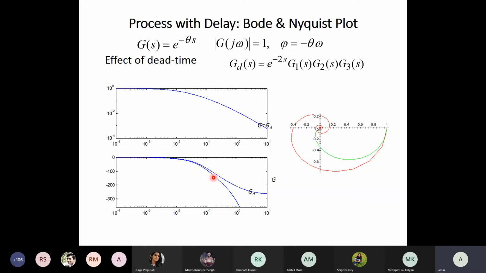So the phase lag continues to increase, whereas in the case of G without delay, the phase difference will be at minus 270.